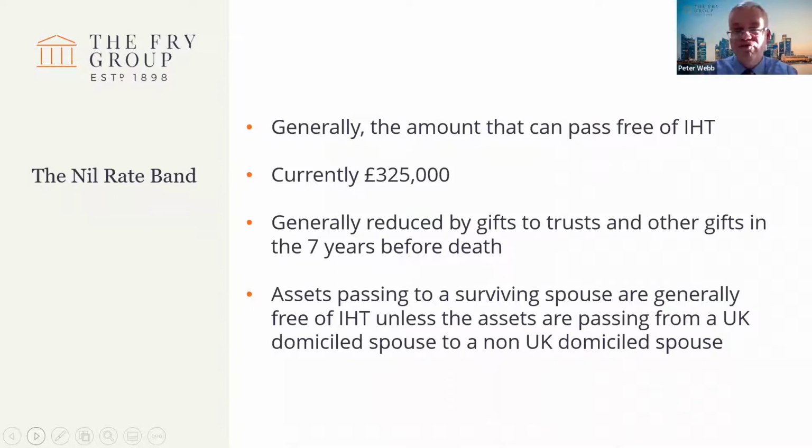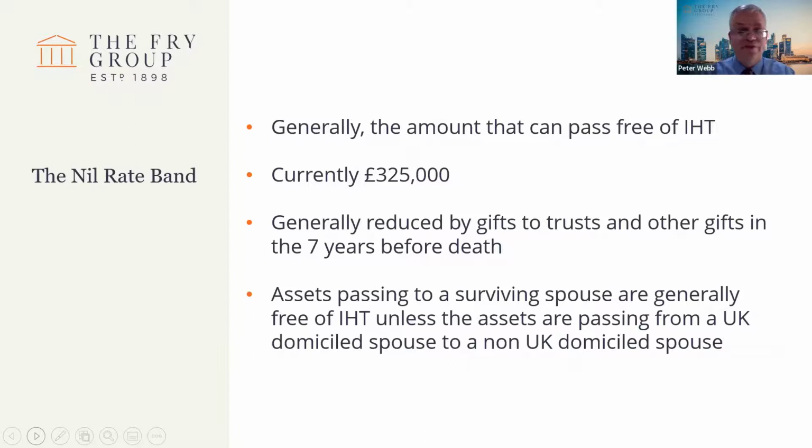There is a nil rate band for inheritance tax, and that nil rate band is generally the amount that can be passed that is exempted from inheritance tax. We mentioned that if you share the same domicile as your spouse, and when you die, all assets pass to the surviving spouse, no inheritance tax is charged.